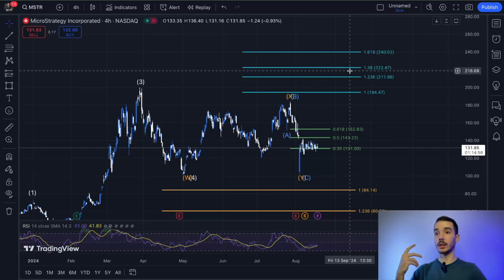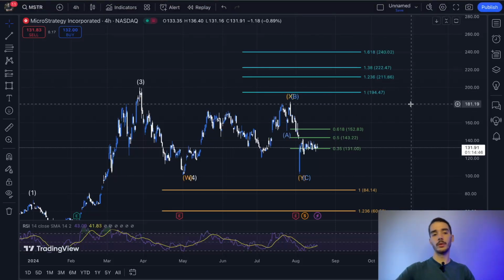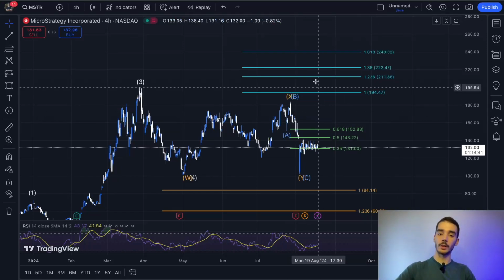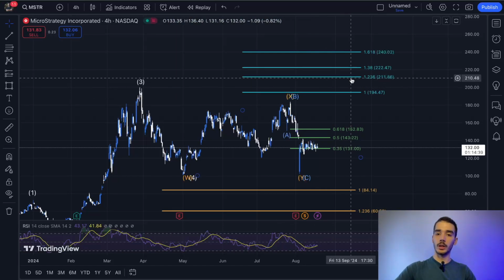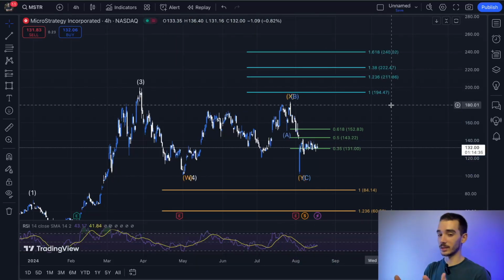So 62% in the next, like, 3 or 4 months, whatever, something like that. It's August 19th. Yeah, 3 months, 2.5, I don't know. But by 3 months, we should be testing this area up here. So 62%, it's looking pretty good, right? But either way, that's just my opinion.